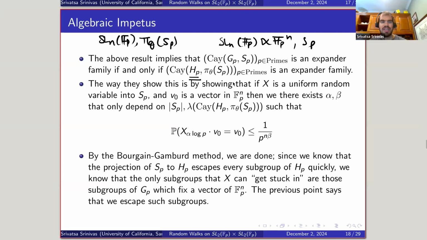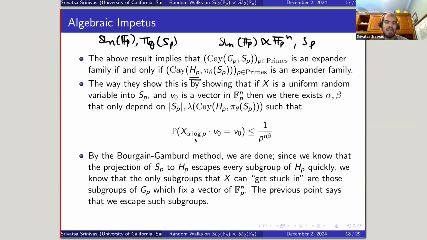So the way they show this is by showing that if X is a uniform random variable into your generating set and v0 is a vector inside F_p^n, then they prove that the probability you fix a vector actually decreases exponentially in the number of steps you take in the random walk, right?